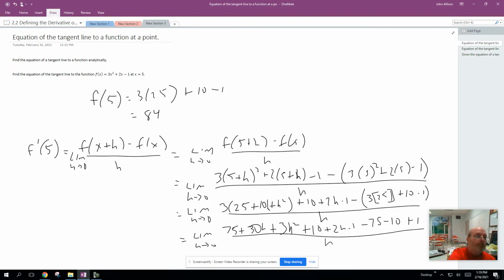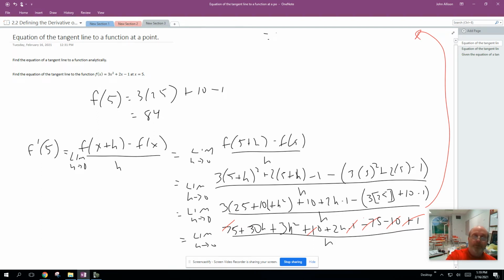And so watch what happens here. Our 75 and our negative 75 cancel, our 10 and our negative 10 cancel, our negative 1 and our 1 cancel. And so now we're left with, I'm going to come up top now and finish this since we ran out of room down here.